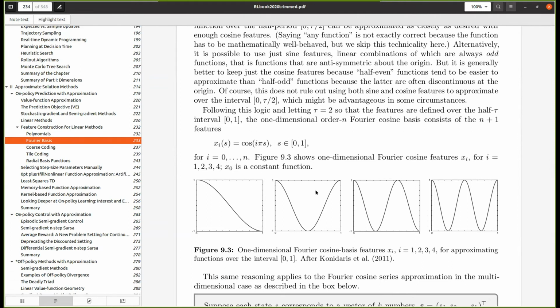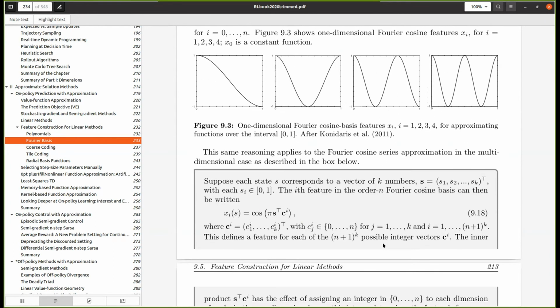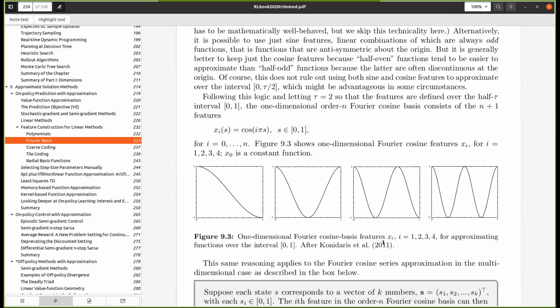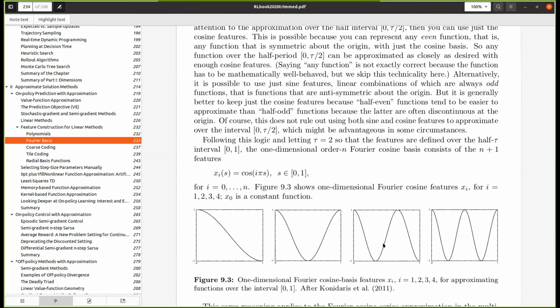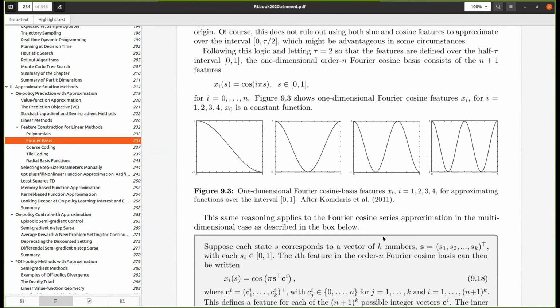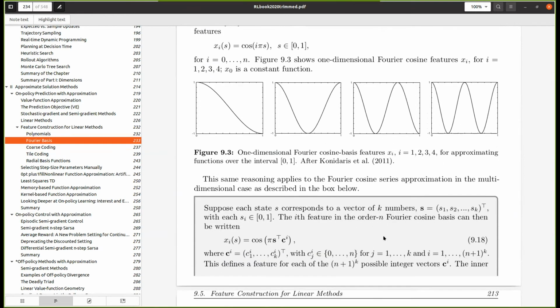It will be a combination of all these cosines with different frequencies. So that is also a relatively simple and familiar way to represent a function.